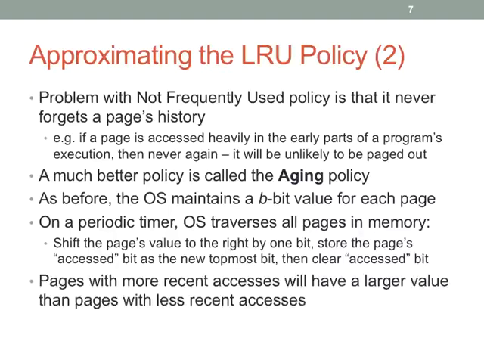And it turns out that if you do this, pages with more recent accesses will have a larger value than pages with less recent accesses. Is this actually a good approximation of least recently used? Well, kind of, but not really, because this bit value is kind of a window.